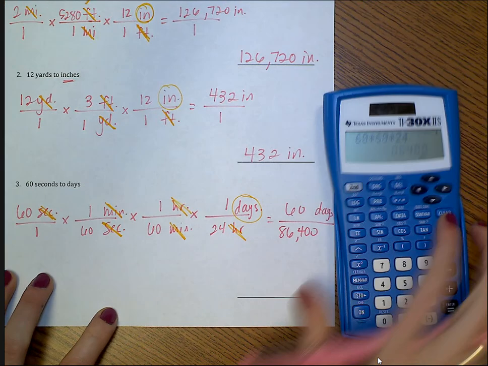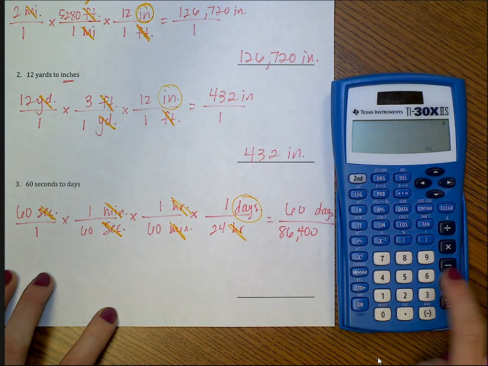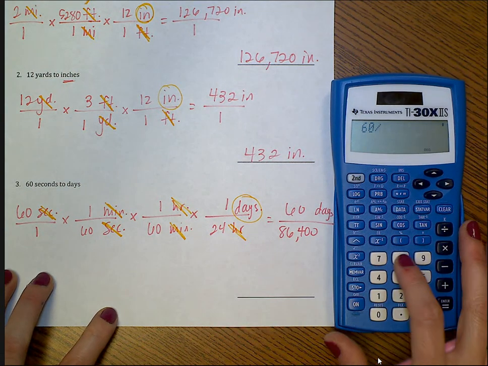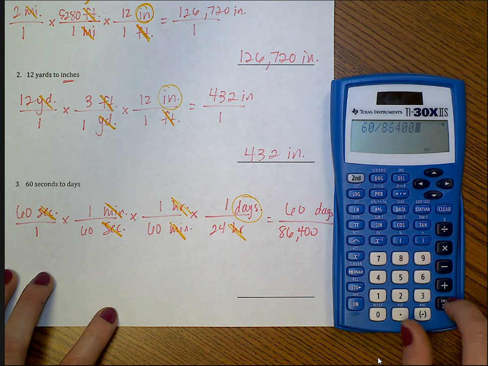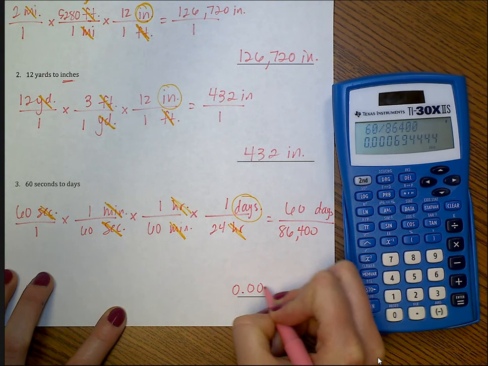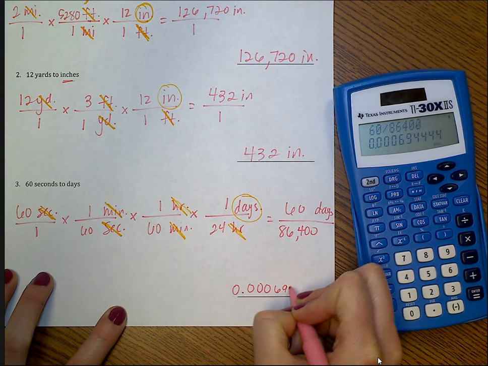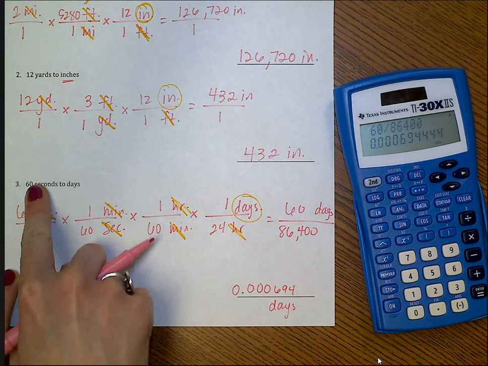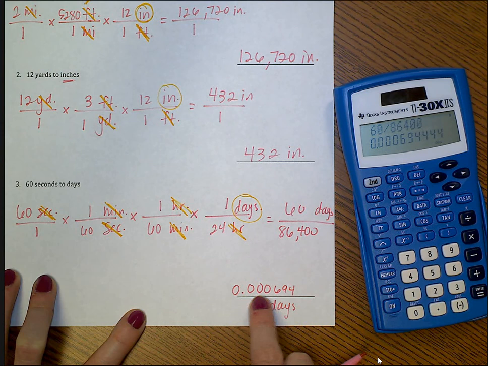Go ahead and multiply or divide, if you have a fraction where there's not just a 1 involved on bottom. Go ahead and divide those out to get one number that kind of makes sense. Very small number here. We'll say 694. So 60 seconds, that's 0.000694 of a day. Okay, that's part 1.